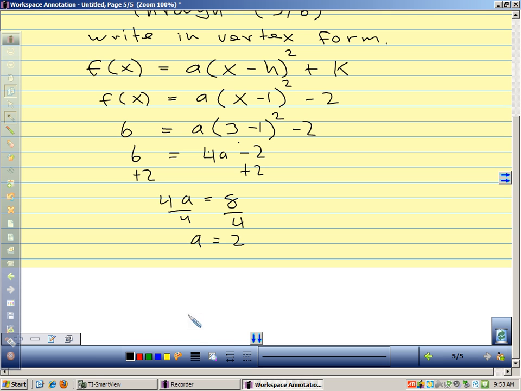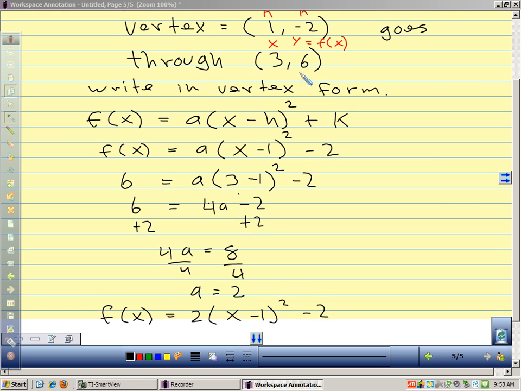So now I can write my quadratic function in vertex form. F of x equals 2, x minus 1 squared minus 2. So I just use my vertex, use my points, plug them into the equation, and solve for a.